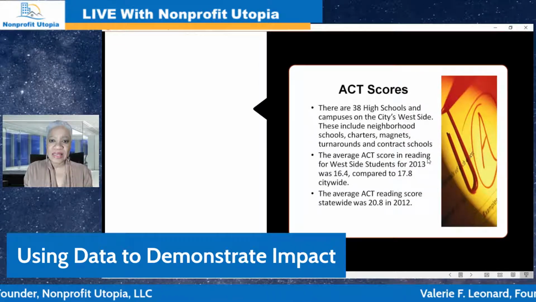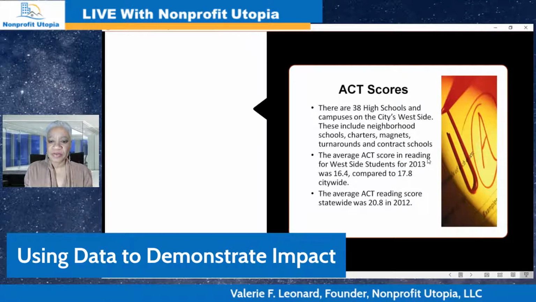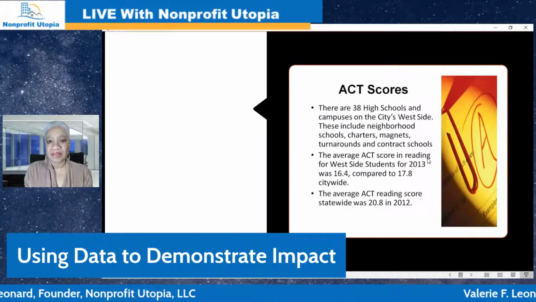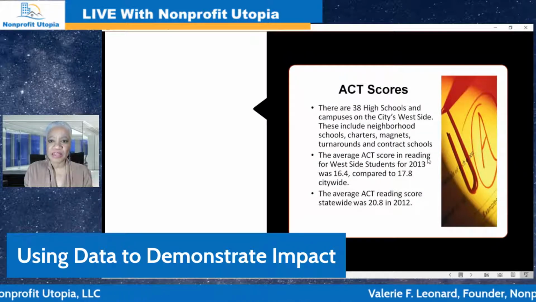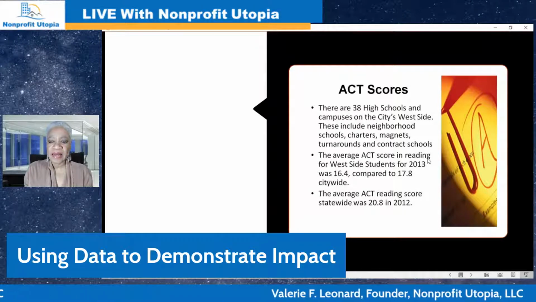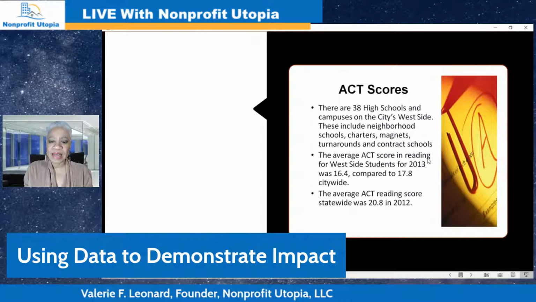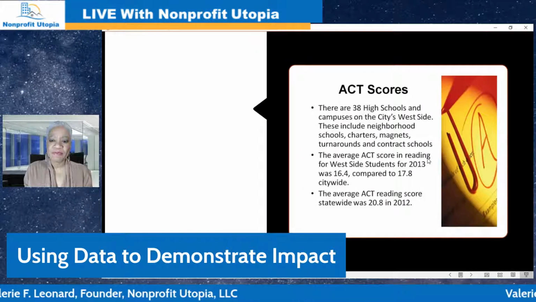So when we went and looked at the high schools for the ACT scores, there are 38 high schools on Chicago's West Side, at least at the time this was done. Again, this was done back in 2013. And the average ACT score for the West Side students was 16.4.